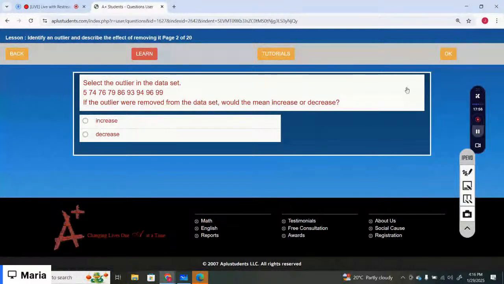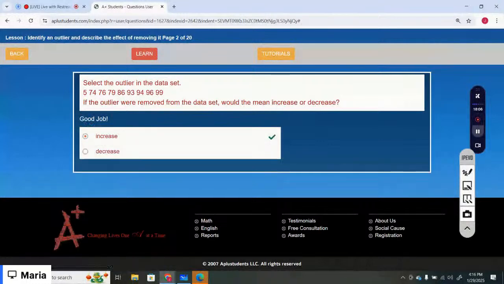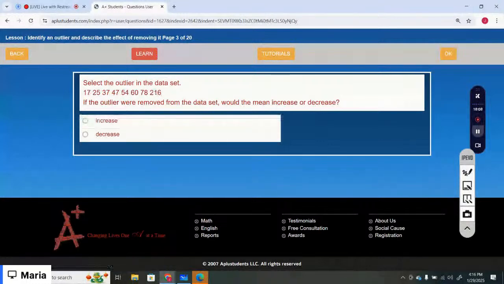That is also increase because the outlier is 5. 5 is the smallest number among all the numbers. So if you remove the 5, the mean is increased.